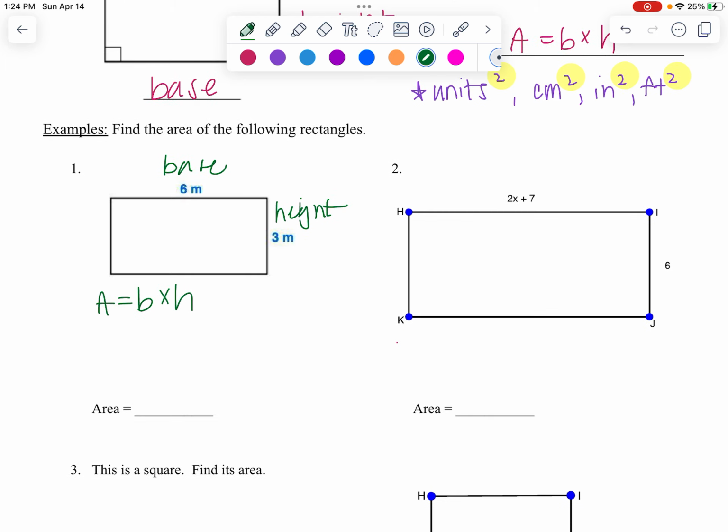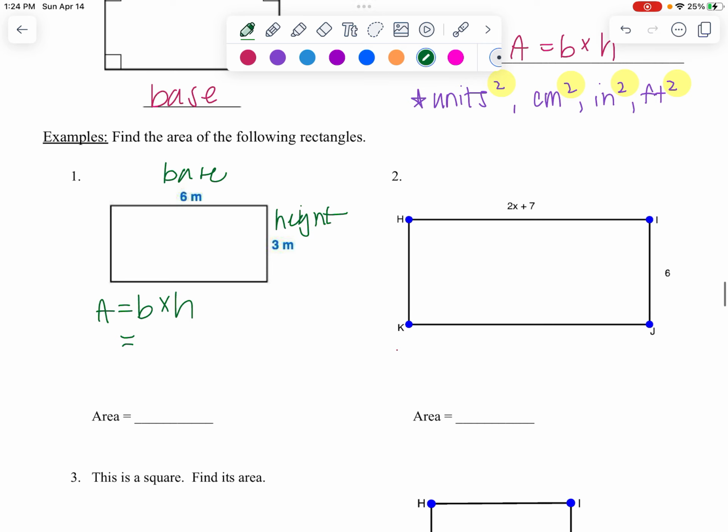So in my calculator, or you can also just use your awesome brains with mental math, our base, which is 6, times the height, which is 3, gives us 18. So your area is going to be 18. You need your units, and what's different this time, like we talked about up here, is that we have meters squared. And that's your answer: 18 meters squared.